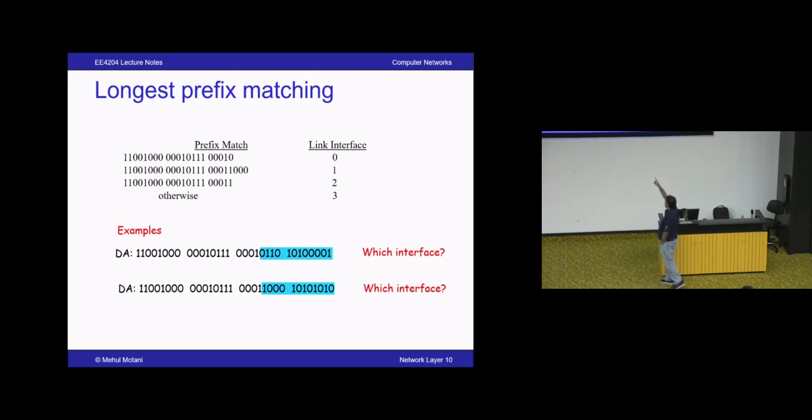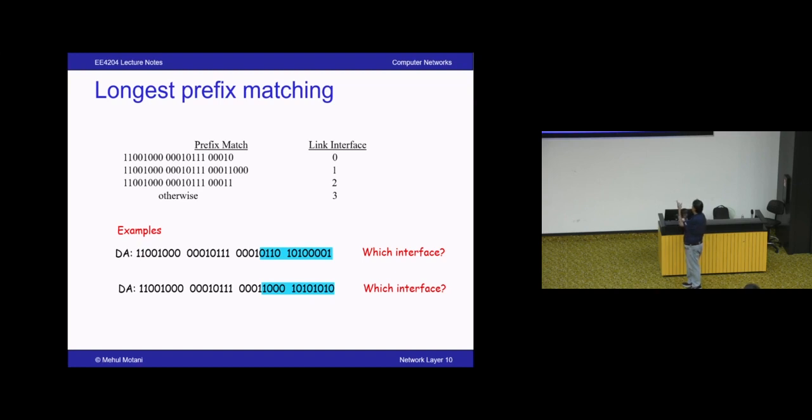So for example, this is the forwarding table that was on the previous slide. This is what it would really look like. Right? So notice actually that prefix entries 2 and 3 overlap. Okay? So here's an example.